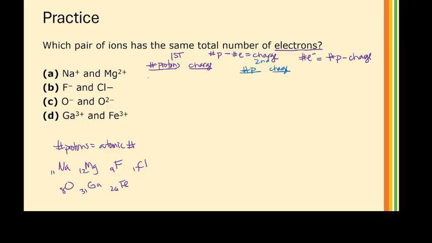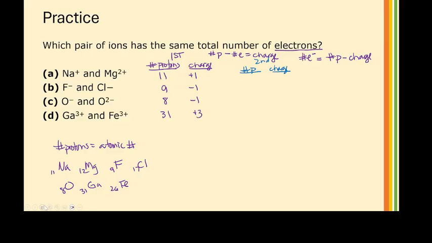Okay, so for the first one, sodium is 11, fluorine is 9, oxygen is 8, gallium is 31, and the charges are +1, -1, -1, +3.